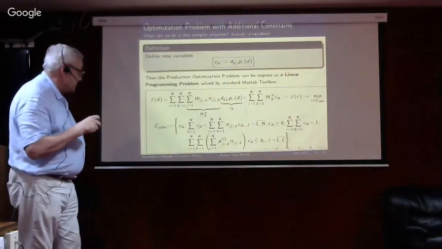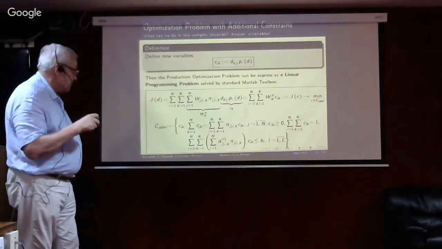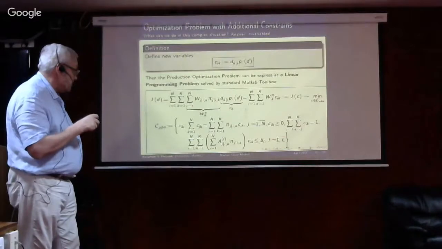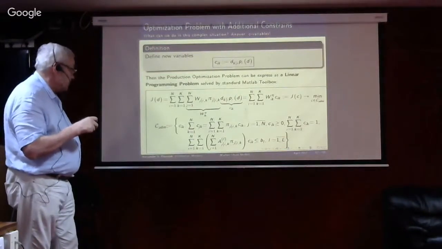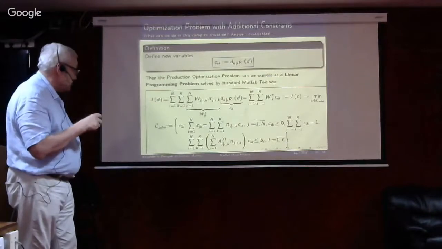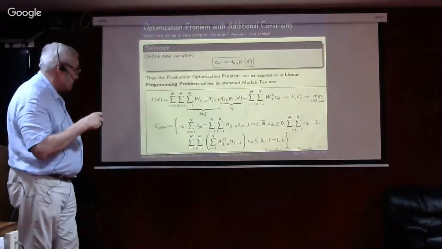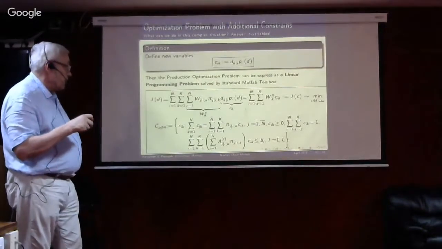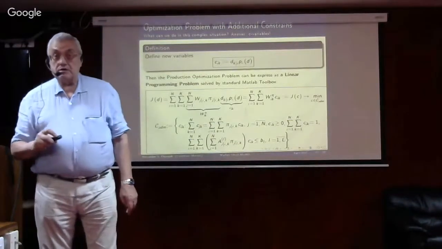Define a new variable, C, indexed by state and strategy, like a product. It does not depend on the index, so I can make a summation and obtain this representation. For this product, I have a new variable. But look, it is linear by itself.